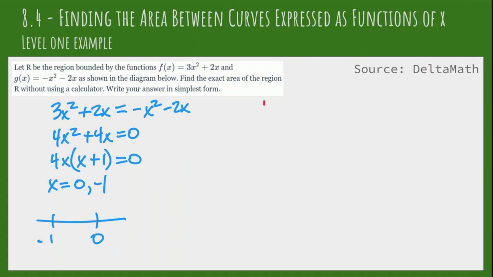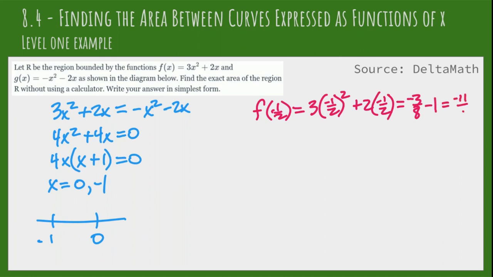So f of negative 1/2 is going to be 3 times negative 1/2 squared plus 2 times negative 1/2. Negative 1/2 squared is going to be 1/4, so we get 3/4 and then minus 1, which is going to give us negative 1/4.